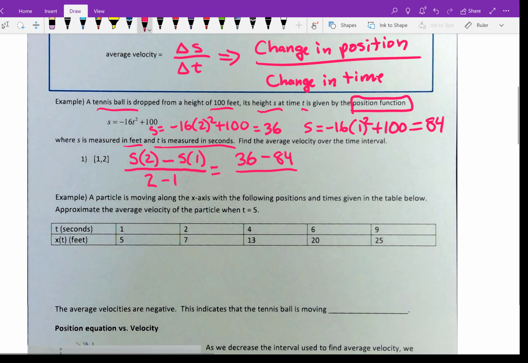Basically it's just 36 minus 84 here, and 2 minus 1 is just 1. If I do the math here, this ends up being negative 48 feet per second. So there's a negative value there.